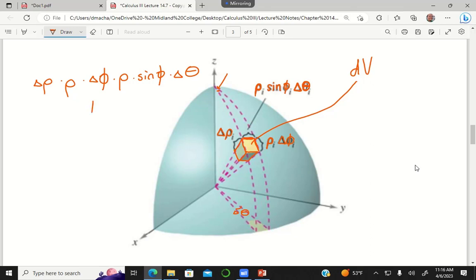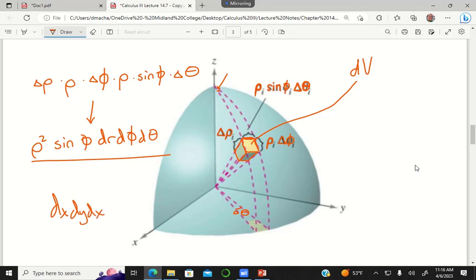But if you make all the deltas into lowercase d's, and multiplication is commutative, so it doesn't matter the order in which you multiply things, then you can write something like this. Right? And so that's why if you want to convert from rectangular coordinates to spherical coordinates, you end up with a rho squared sine phi.